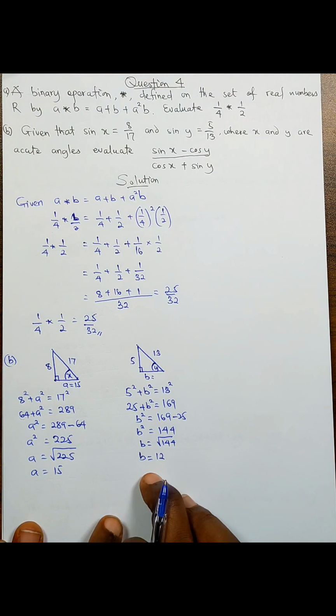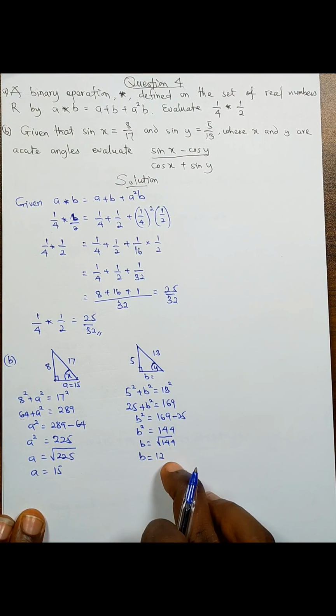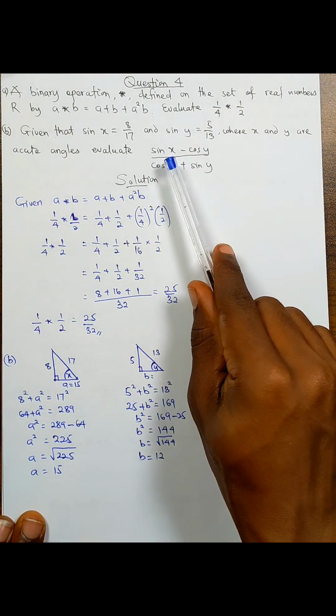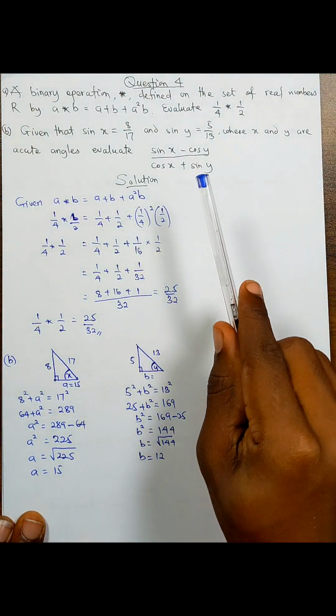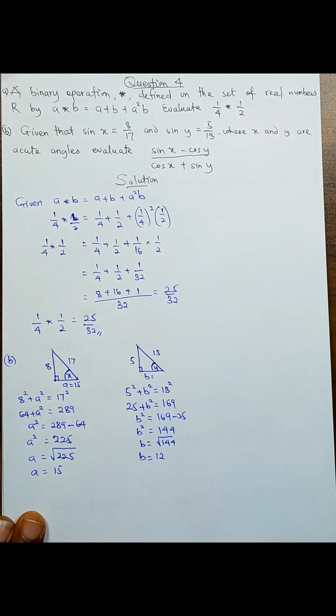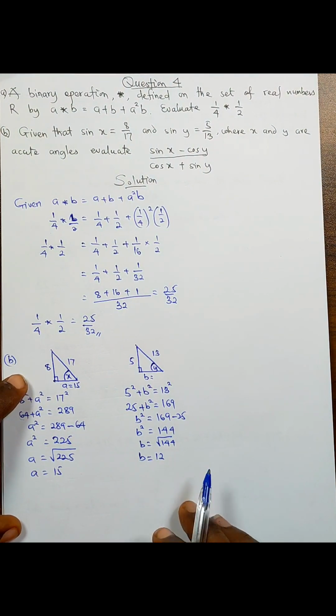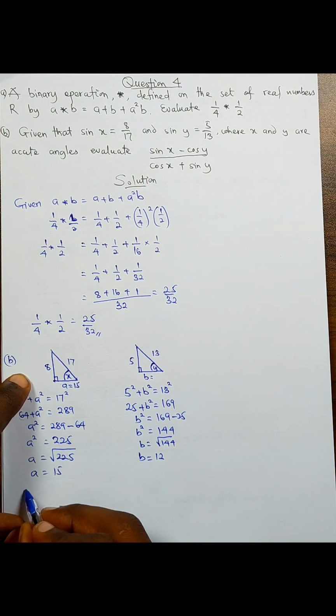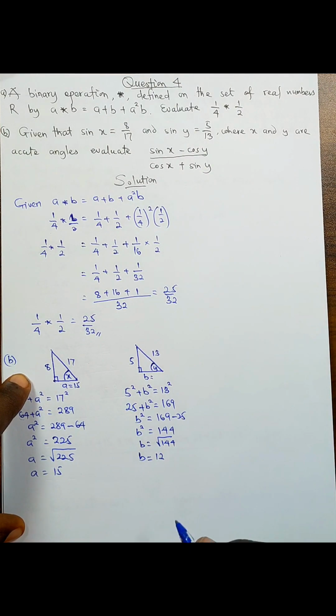Now that we know a and b, we can find sine x, and then we can find all the other values that we need to solve this. Let me start from this side and then move to this side.